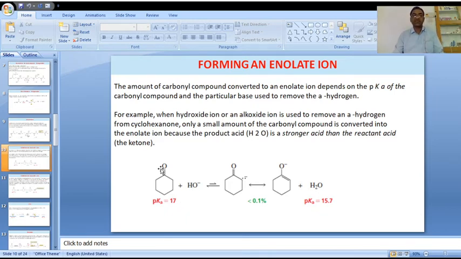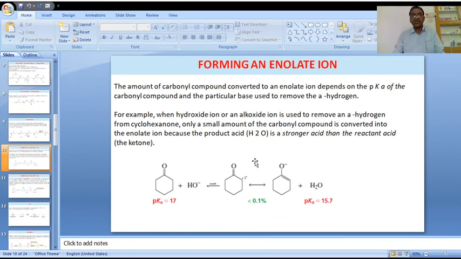Here please observe this cyclohexanone to enolate ion formation in the presence of base, OH minus ion. It produces less than 0.1 percent enolate ion in this reaction.